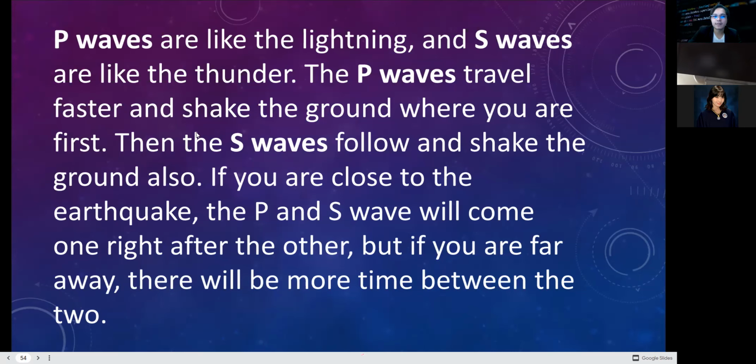P waves travel faster and shake the ground where you are first. Then the S waves, or secondary waves, follow and shake the ground also. If you are close to the earthquake, the P and S waves will come right after one another. But if you are far away, there will be more time between the two.